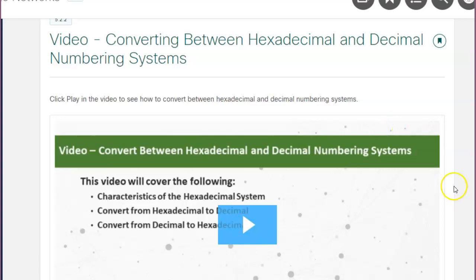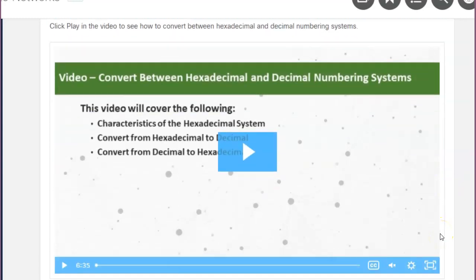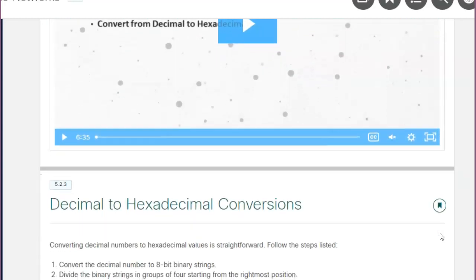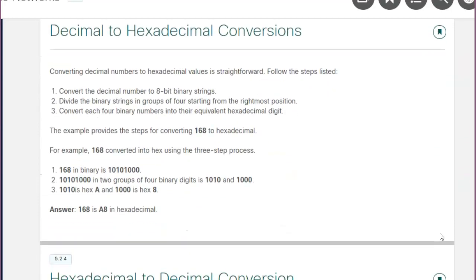Again, watch this video and see if I do a good job. Basically, the concept is identical, except now I'm going to convert a decimal digit into hex. You take your decimal digit, convert it to an 8-bit binary string, and then divide that 8-bit binary string into groups of 4.